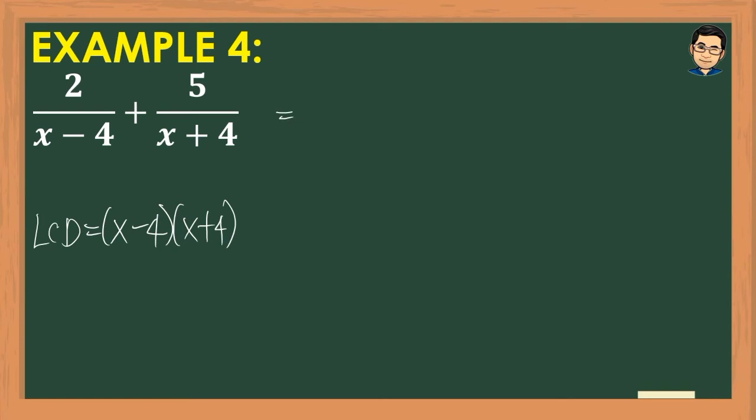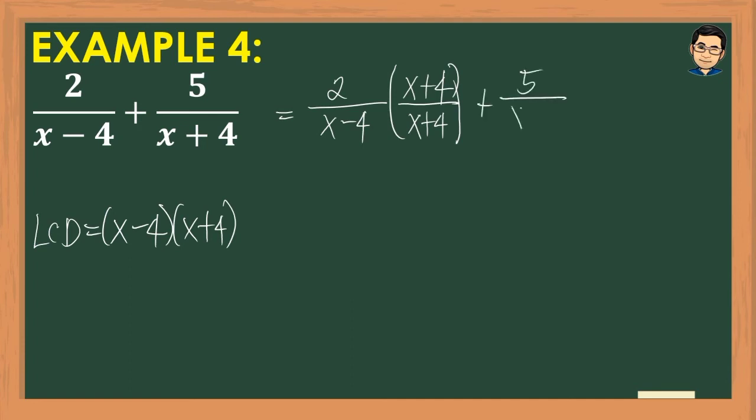So, magiging 2 over x minus 4 times, ano ang i-multiply sa kanya? So, ang kabaligtaran ng x minus 4. So, that is x plus 4 over x plus 4. Next, plus 5 over x plus 4. So, ang kabaligtaran naman ng x plus 4, that is x minus 4.